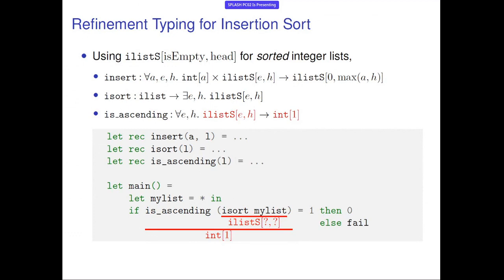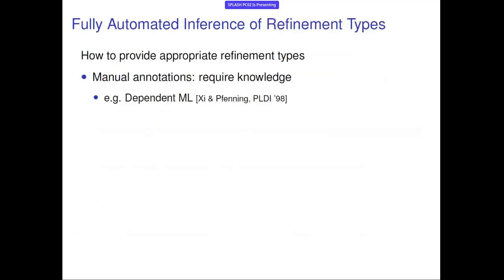So is ascending of I sort my list always returns int 1. So this program will never fail. This is also easy. Once we define the refinement type suitable for each program, we can verify the program easily.